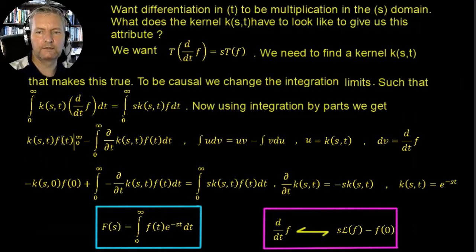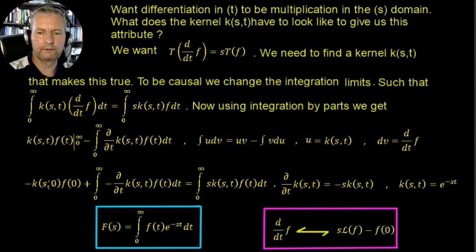Okay, so that means that this thing here is going to equal 0 whenever t tends to infinity, and then we're going to have it minus the value of this whenever we put the value of 0 in for t. So it's going to be minus f of 0 and k of s0.